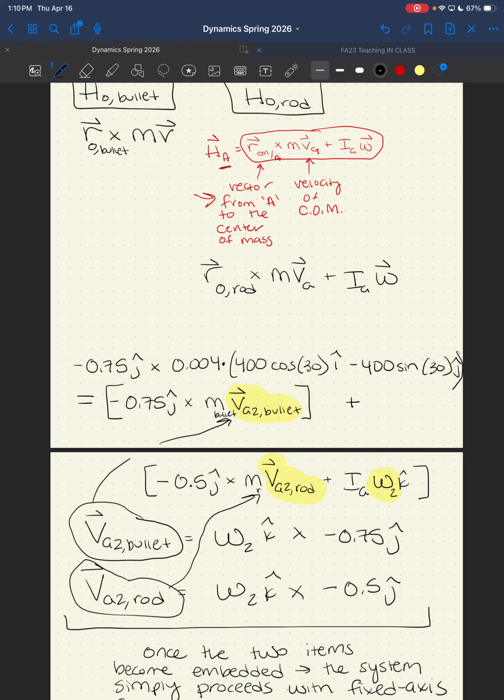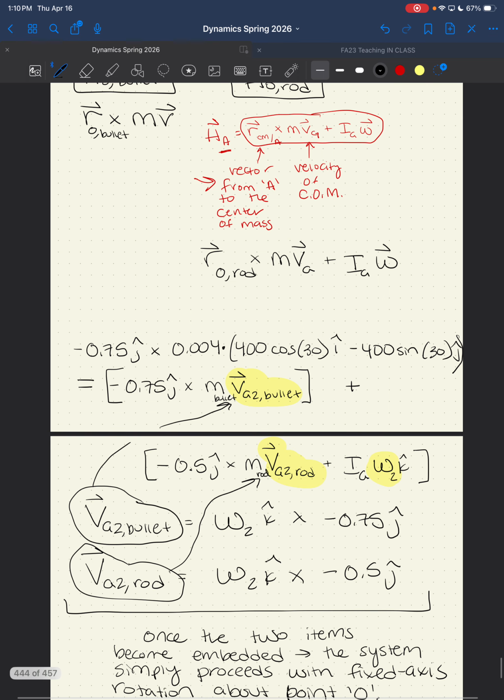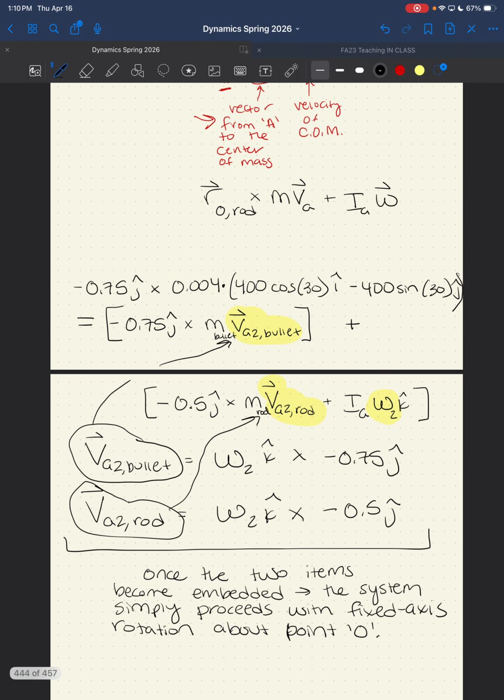Annabelle? Can we just assume that they combined and that the difference for the center of mass of the bullet will be negligible, and just do it as one system after the impact? Like the cross product where you have the mass of the bullet times 0.004. So can you just not do that part because it's adding a small number?